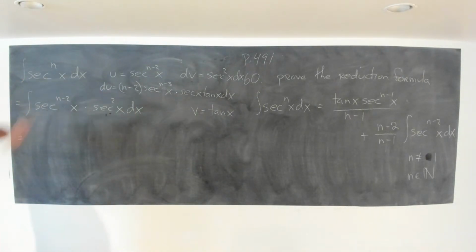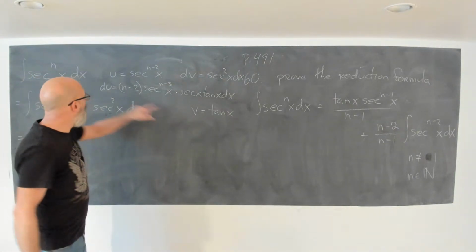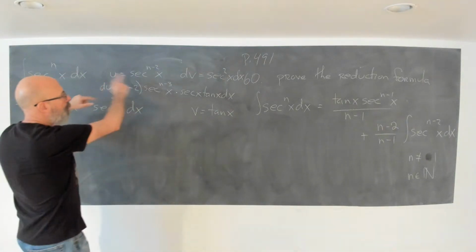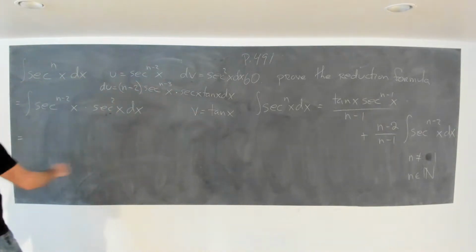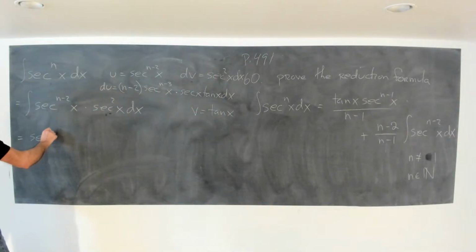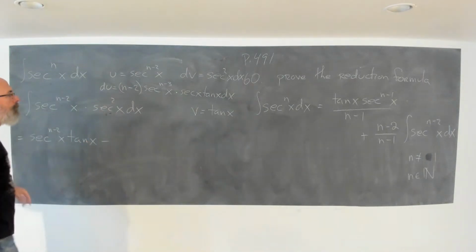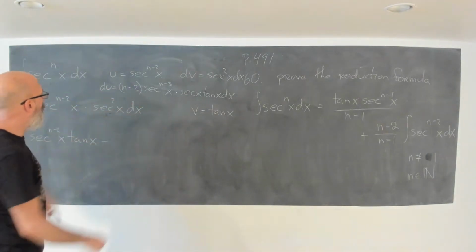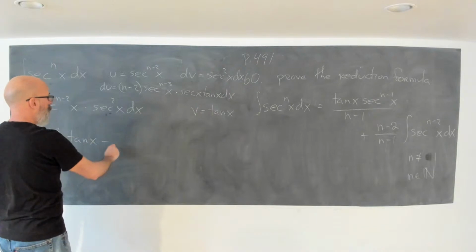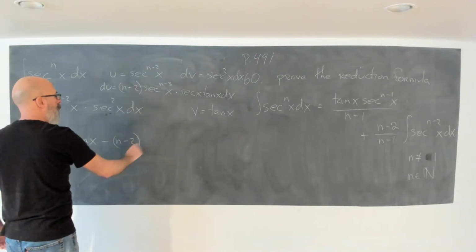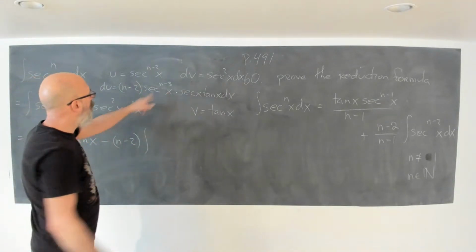So antiderivative of secant squared, secant to the n, right? Integration by parts, uv, secant to the n minus 2 tangent, minus the integral of v du. Let me pull out the n minus 2.